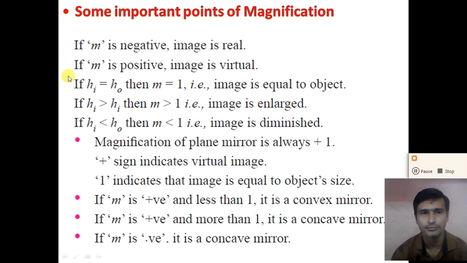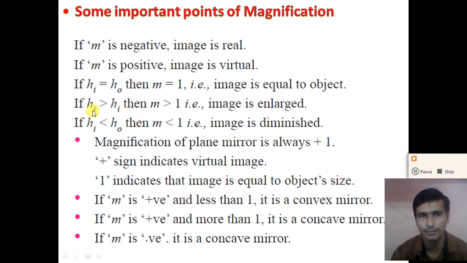Now, if the height of the image formed by the mirror is the same as the height of the object, we can say that the magnification is equal to 1. So if the magnification is equal to 1, the height of the image is the same as the height of the object, and the image is equal to the object.